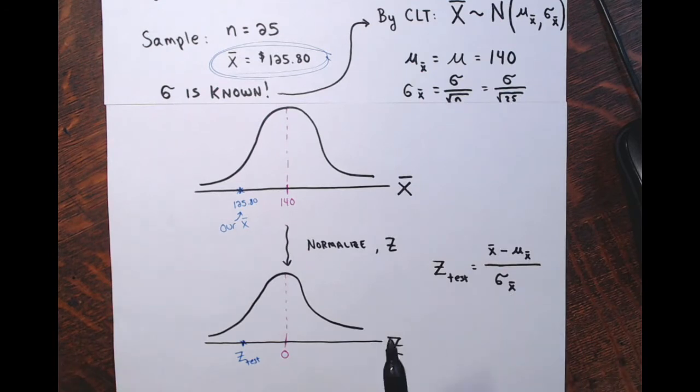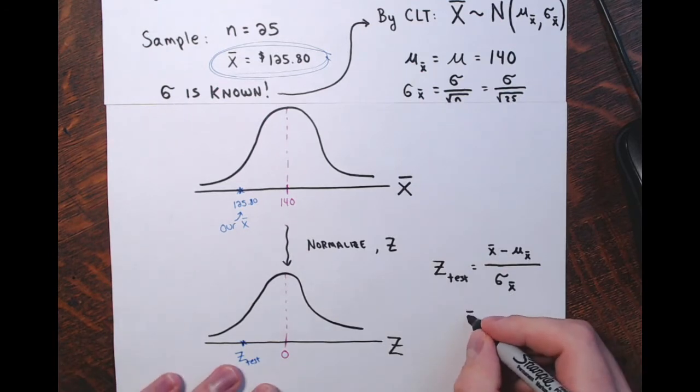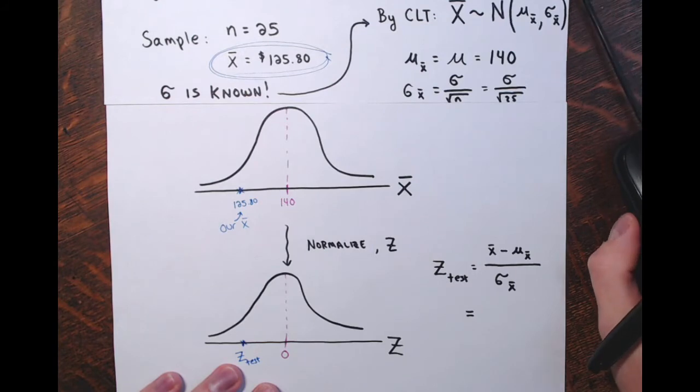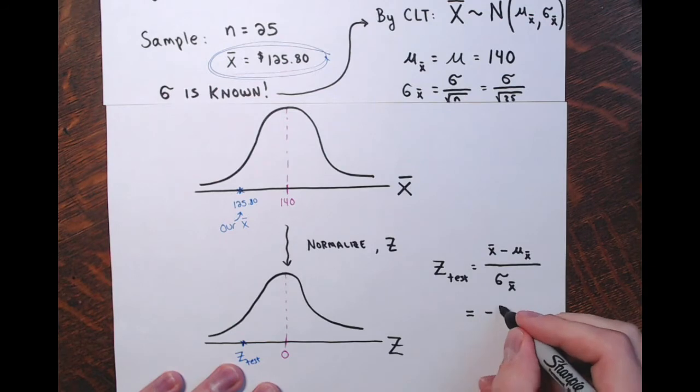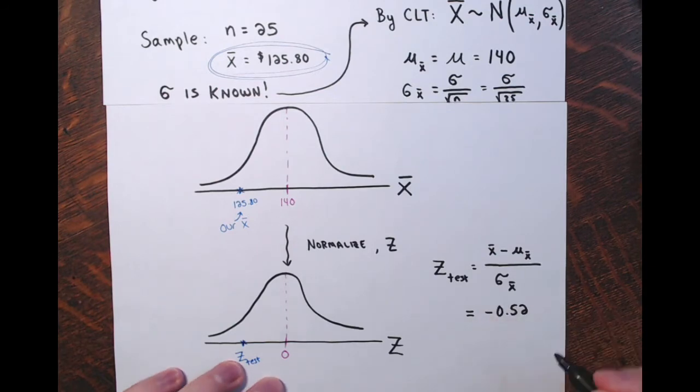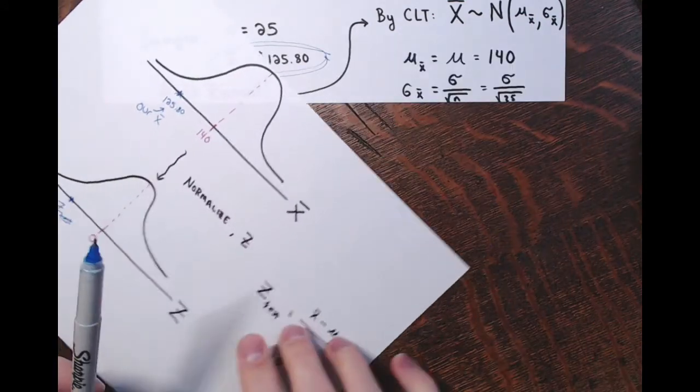Again, I don't know that. But we're told back in the problem that the test statistic is negative 0.52. So this is negative 0.52. I'll write that on my little distribution here.